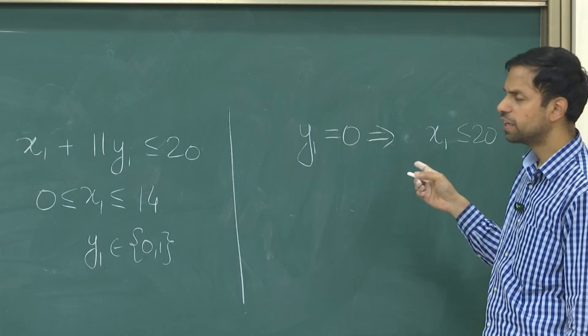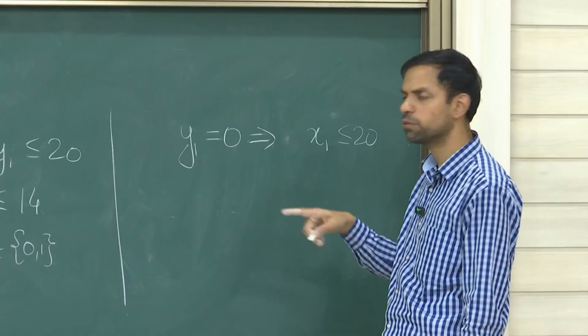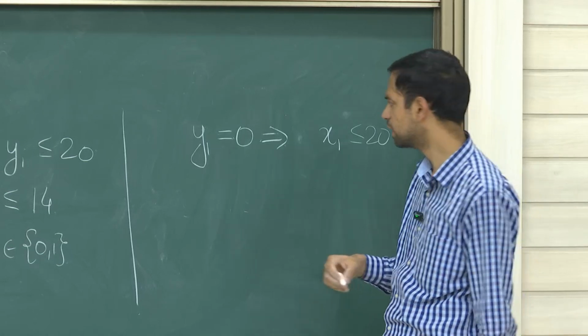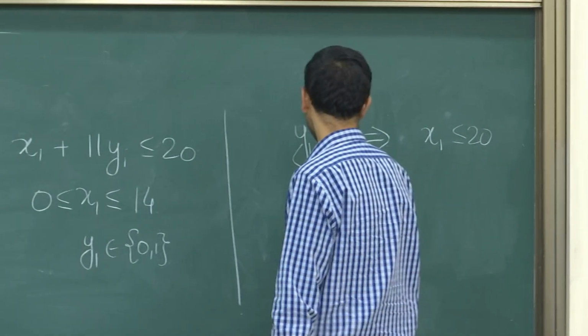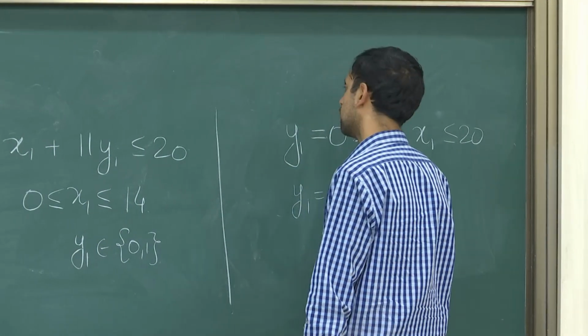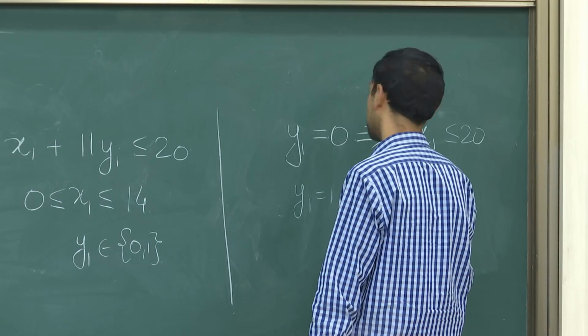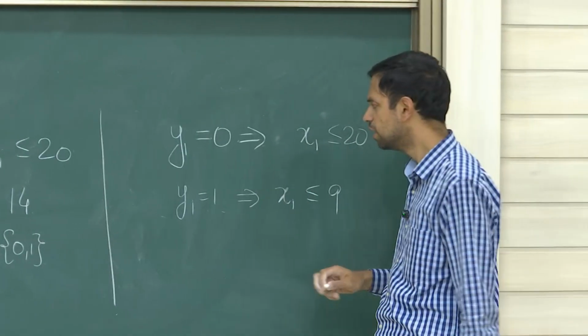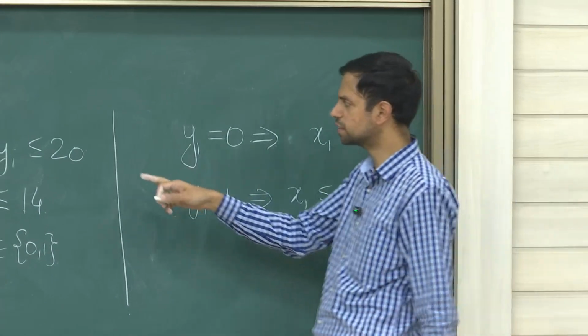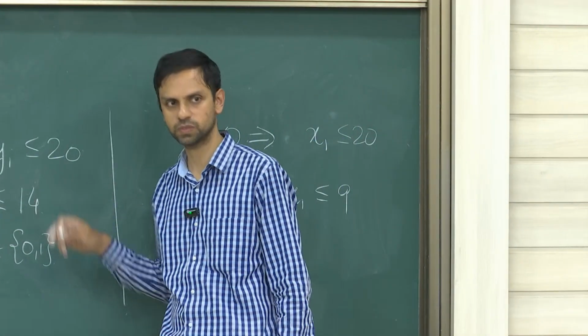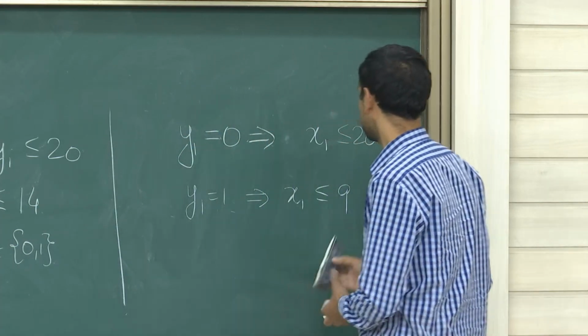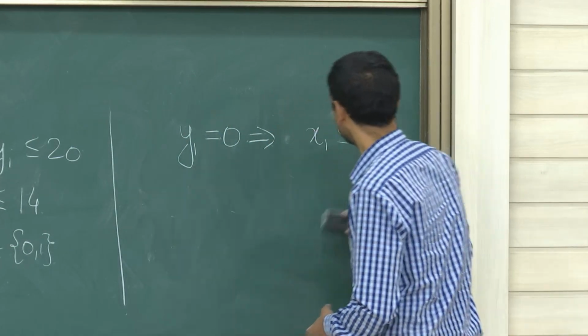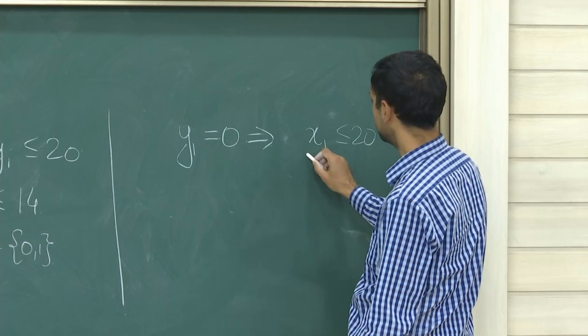But it is not redundant when y1 is 1. When y1 is 1, it implies x1 less than or equal to 9. So this is not really a redundant constraint, and I can't throw it off, but this part can be tightened.